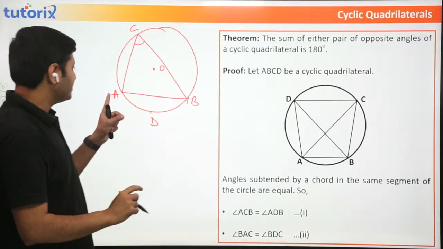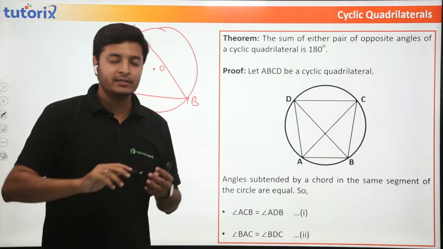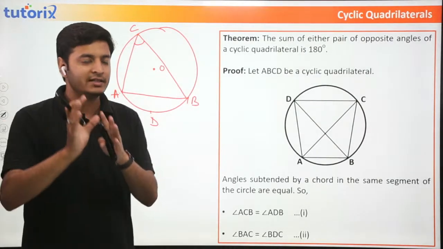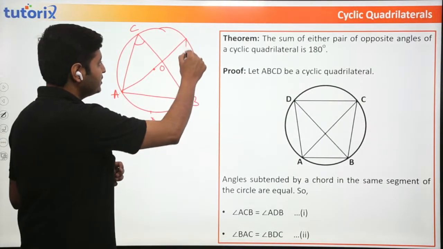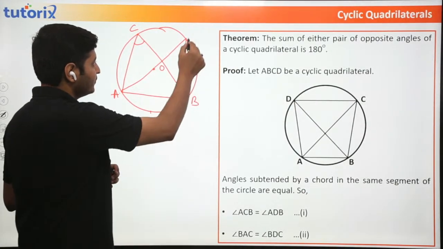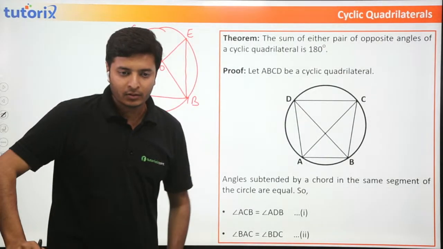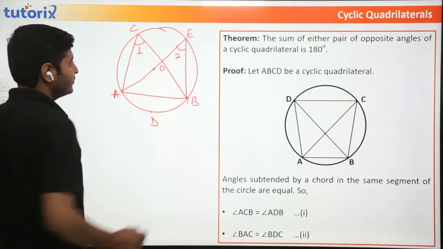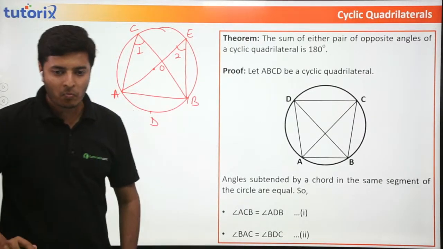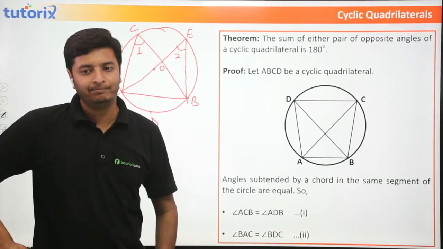Angle ACB is the angle which AB subtends on the major segment. Same AB is also subtending, suppose, this angle, and this is point E. Do they have any relation? Angle 1 and angle 2, they are both equal.